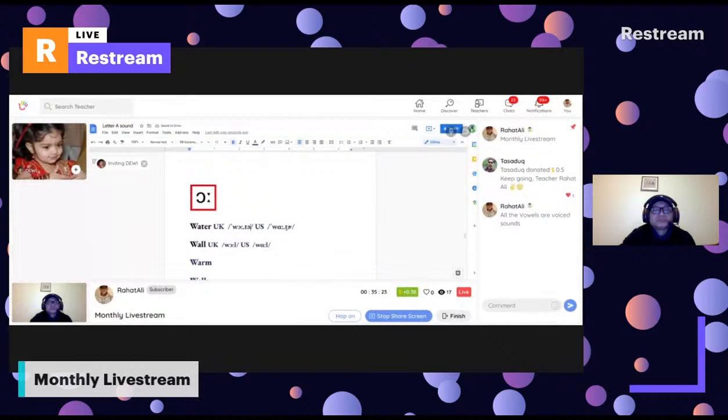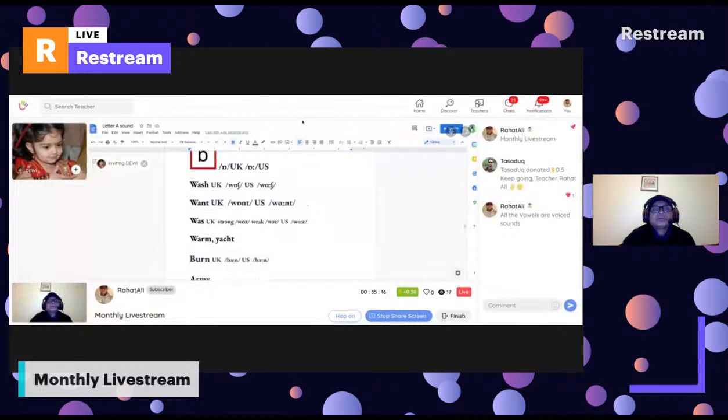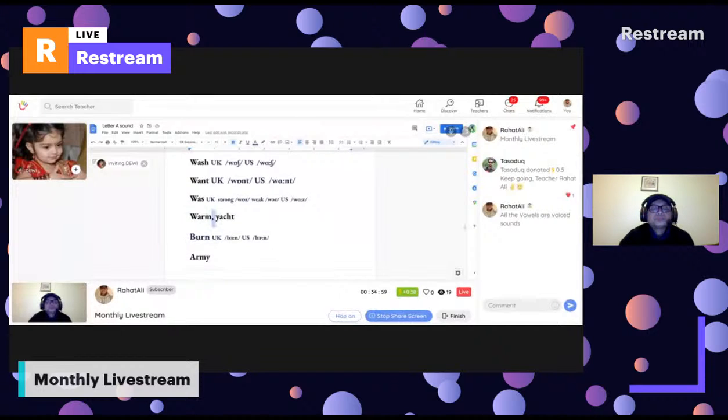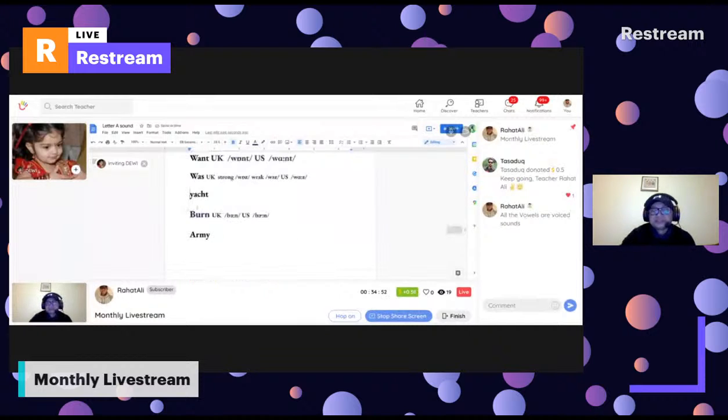So wall, warm. Oh, warm shouldn't be in the blue places. Warm should be here. Yes, that is another wrong word in the wrong place.